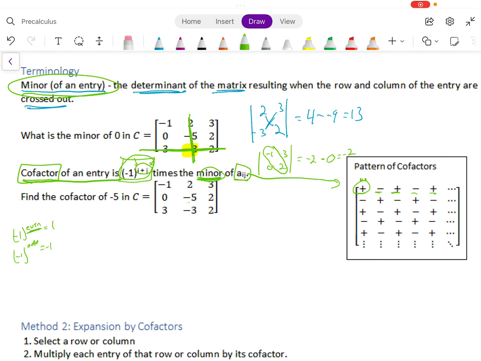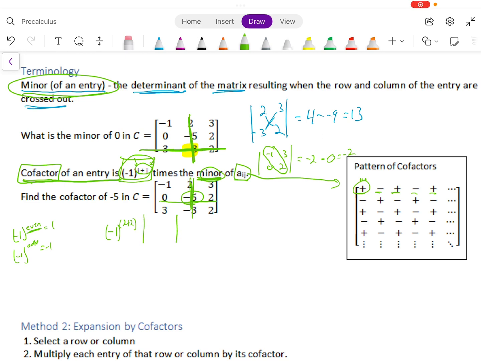Well, here's -5. This is in the second row, second column, so 2 plus 2. So -1 to the 2 plus 2 power times its minor.